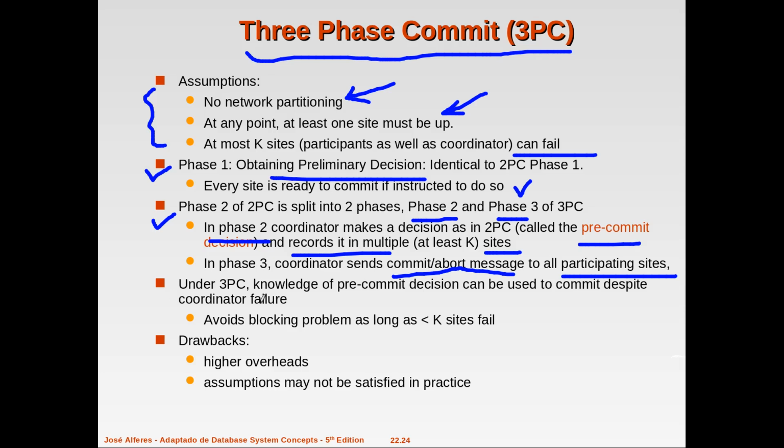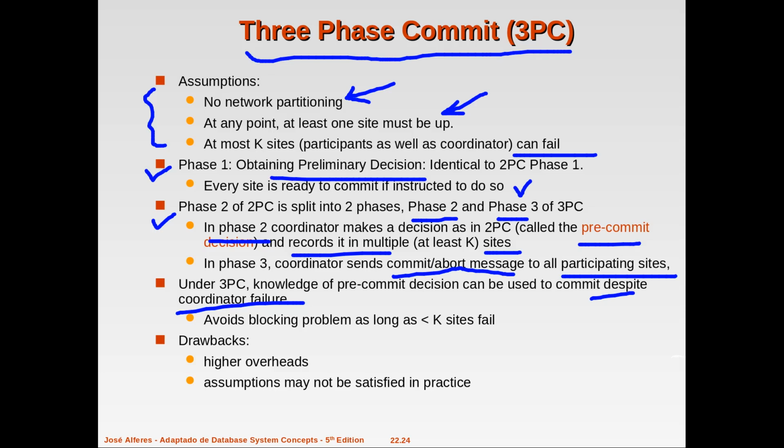Under this three-phase commit protocol, the knowledge of the pre-commit decision can be used to commit despite coordinator failure. The advantage of this protocol is that we have an intermediate pre-commit decision that is recorded and spread across some of the sites participating in the transaction.